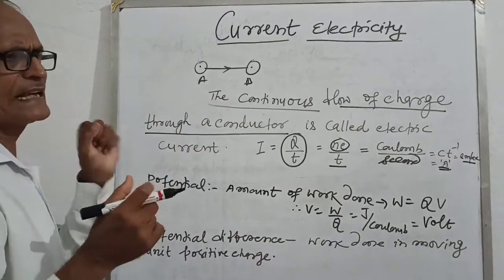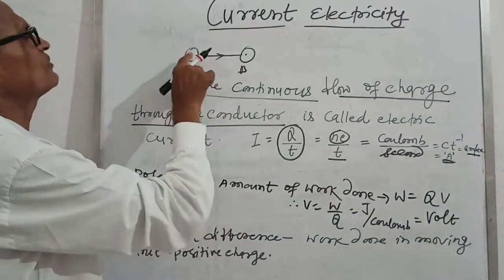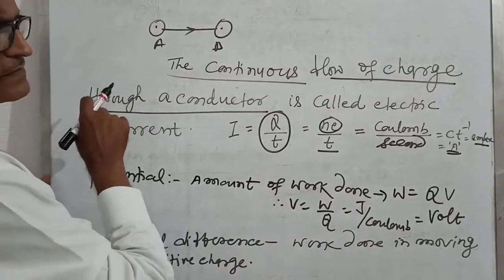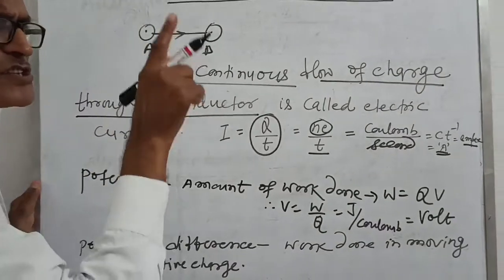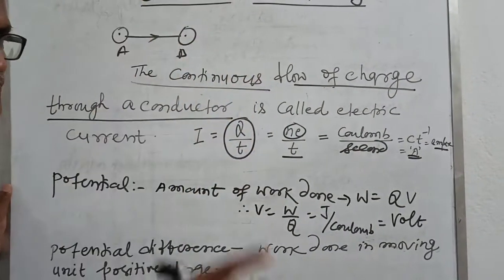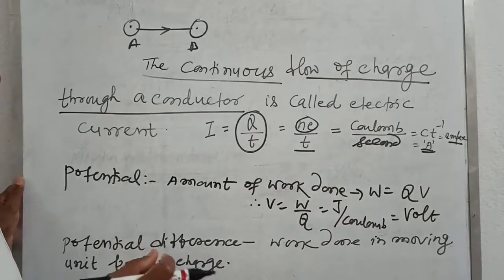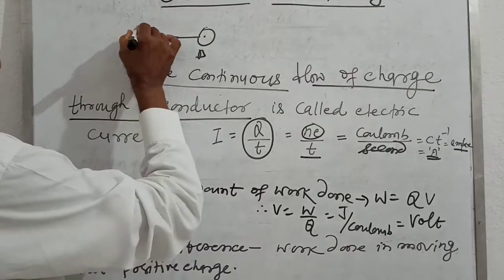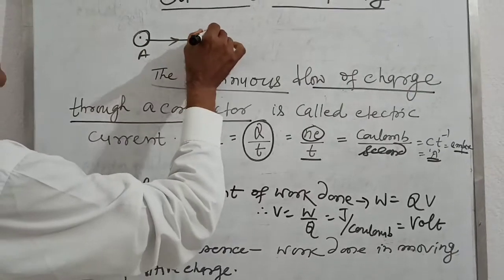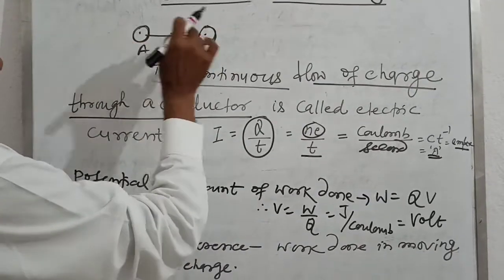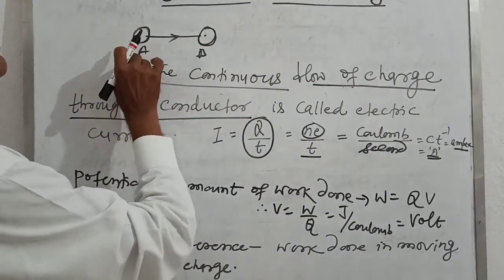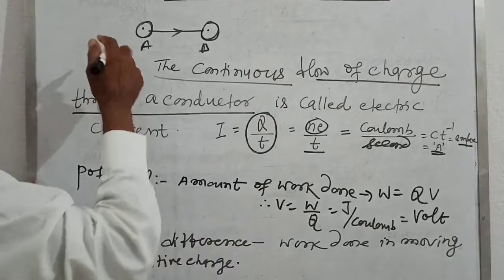Talk about heat: heat flows from higher temperature to lower temperature. Water flows from high altitude to low altitude, from the tank to different pipes and tubes. Similarly, if A is at higher potential, a higher electrical state, and B is at a lower electrical state, then current flows from A to B. The reverse can also happen.